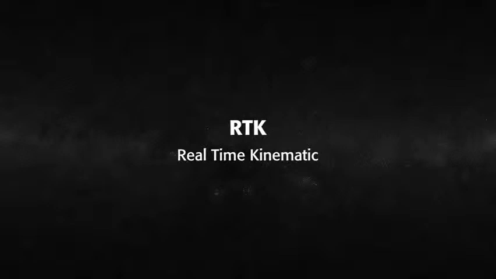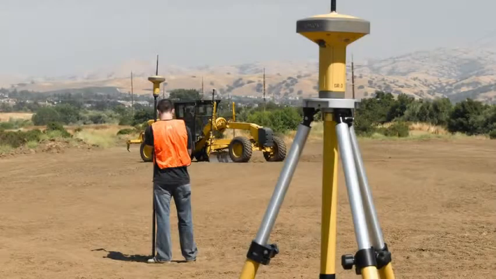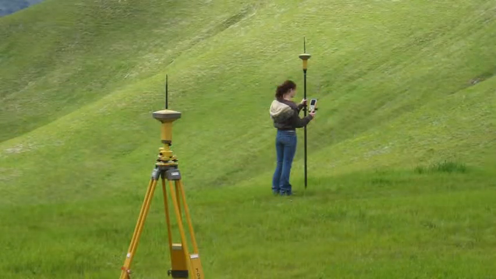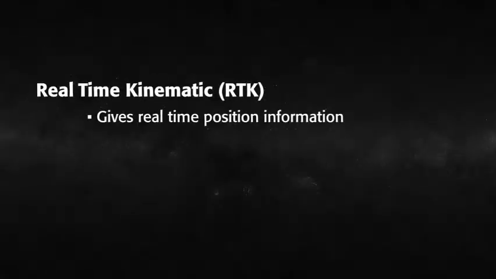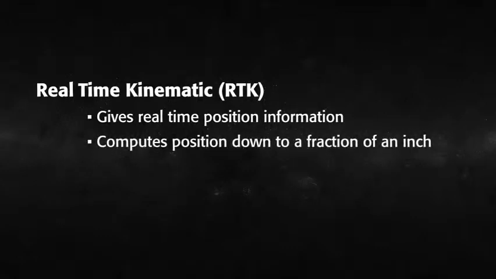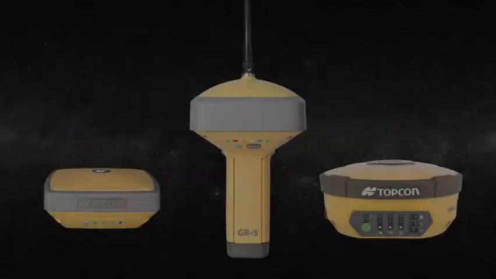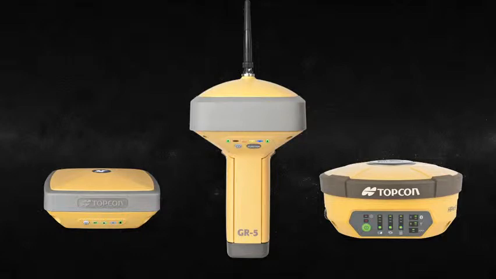With a local fixed base station on a job site continually transmitting the GNSS correction information to one or more local rover systems over a fixed communications link, we are able to achieve not only real-time position information, but local real-time correction that could compute our position down to a fraction of an inch. This method does require a minimum of 5 available satellites rather than 4, but this is typically not a problem, especially with multi-constellation GNSS systems.